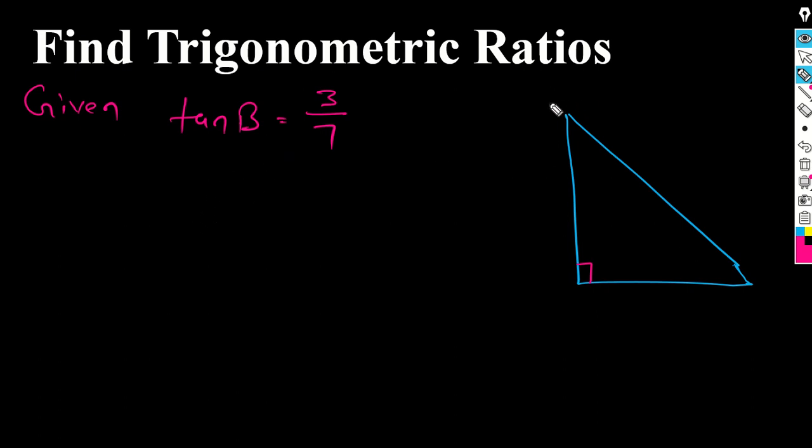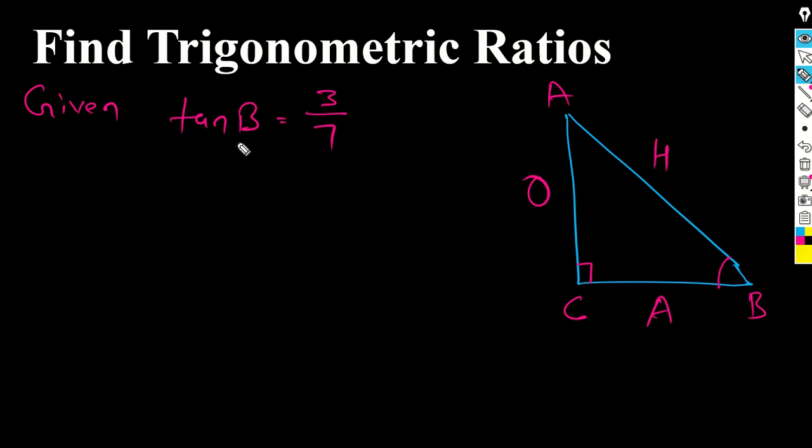So let's say if this is A, B, C. I cannot give this as B because this is 90 degrees, okay? So either you can start from here or here, no problem. You can take B here or here. So let's say this is angle B. So from here, for angle B, this will be opposite, this will be adjacent, and this is hypotenuse.